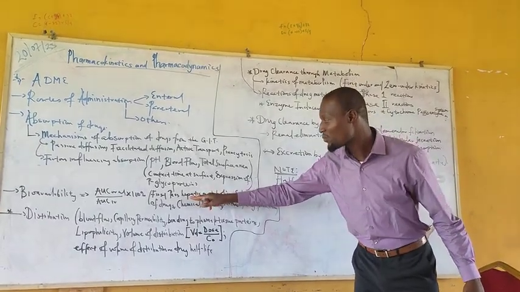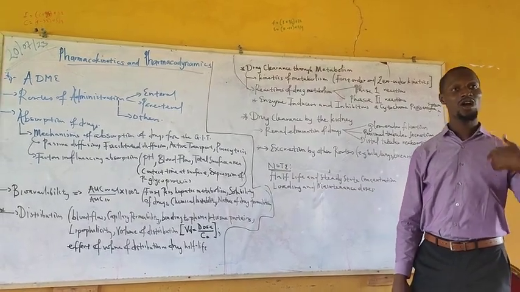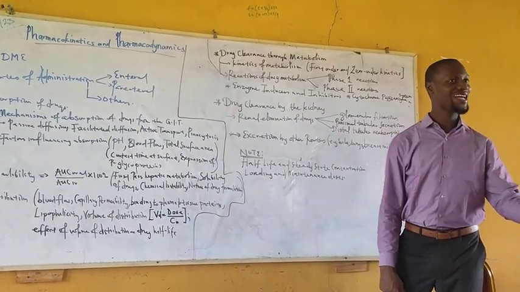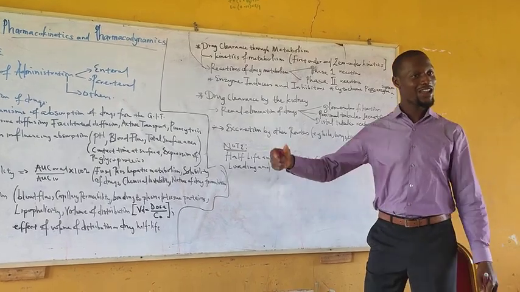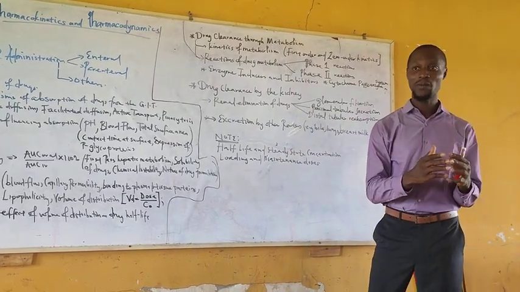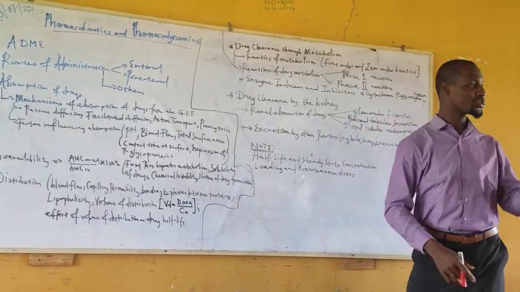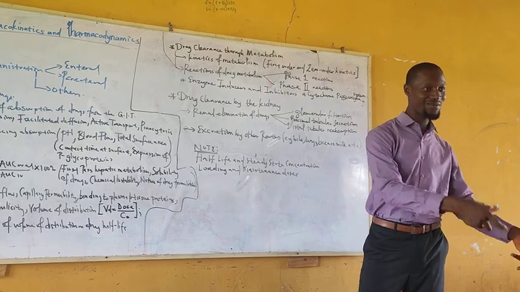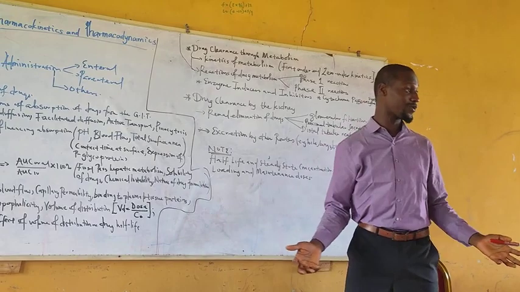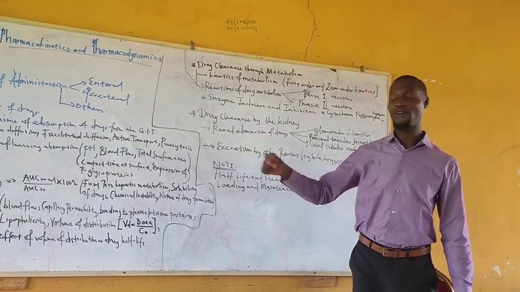So for most oral drugs, once they pass through this, the quantity of drug available in the bloodstream will likely be lower than the quantity you administered. This is where bioavailability comes in. We are comparing the dose of the drug that was administered with the dose that gets into the systemic circulation. It is the dose that gets into the systemic circulation that is useful, not the dose you gave.